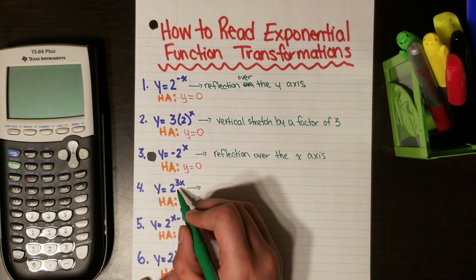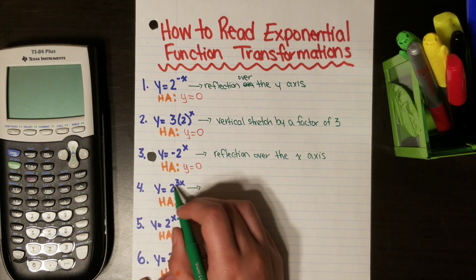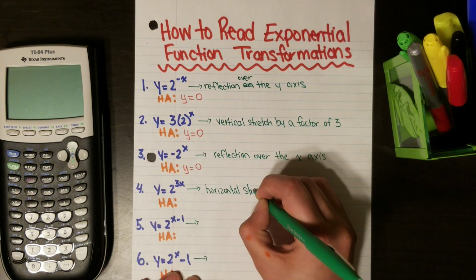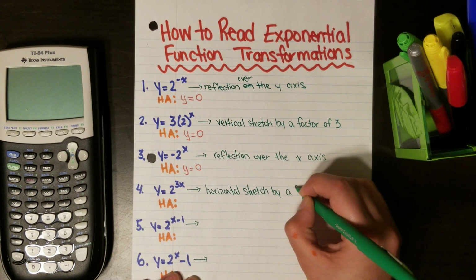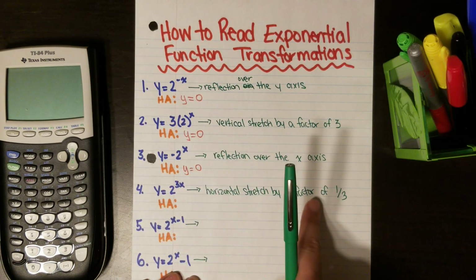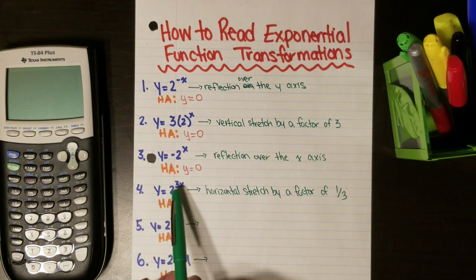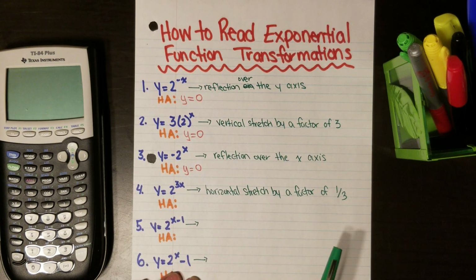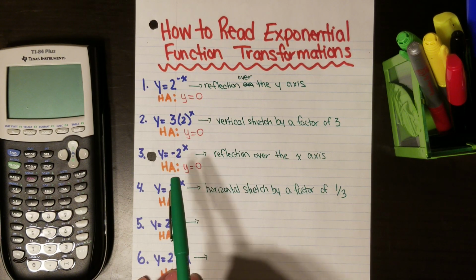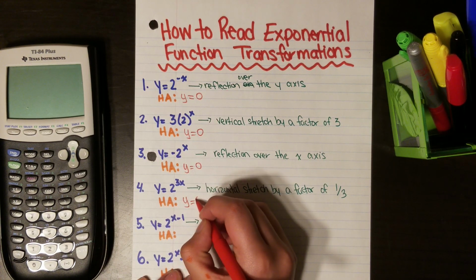That's a horizontal stretch because you're multiplying your x values by something. So it's going to be a horizontal stretch by a factor of 1/3, because I have to flip that b value because it has to be the opposite. Okay, so that's the only thing that's happening there. Everything else is still the same. And for my horizontal asymptote, there's no vertical shift in this equation, so it's still going to be y equals 0.